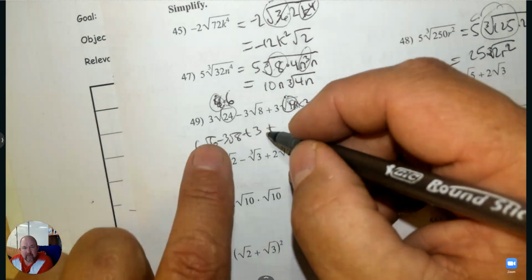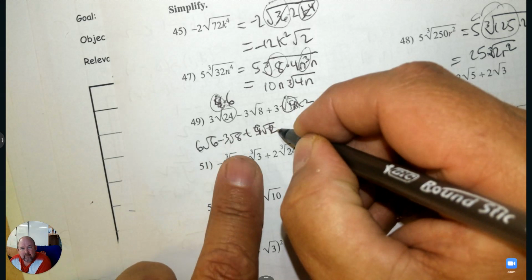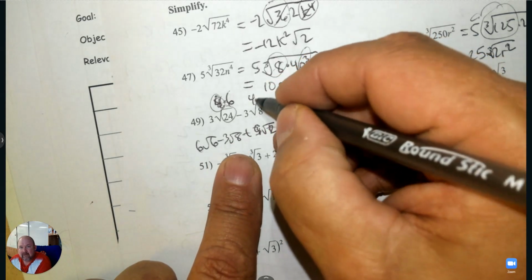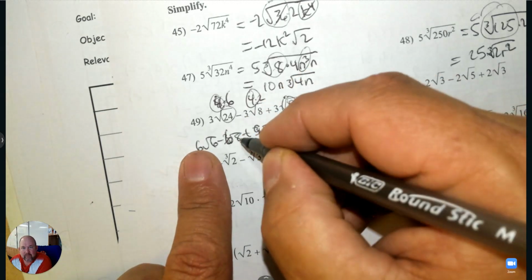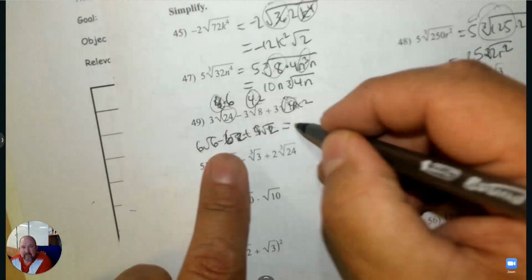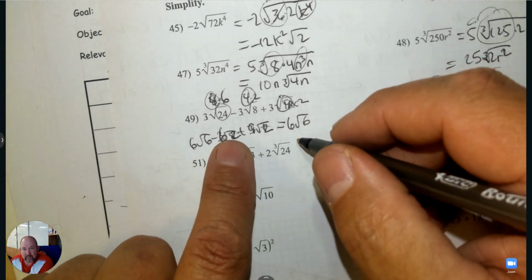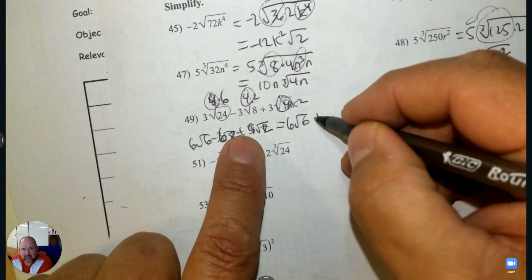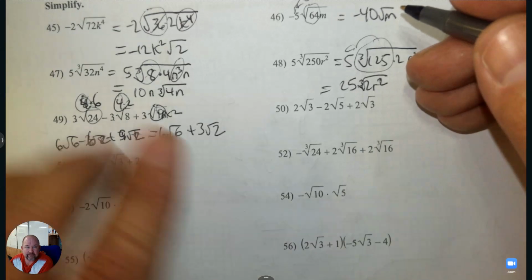This is 9 root 2. 8 is 4 times 2, so the square root of 4 is 2, times 3 is negative 6 root 2. So 6 root 6, there's no like radicals for that. But root 2, we have negative 6 plus 9, so that's positive 3 root 2. Done. So the key is to simplify it and then match up what matches.